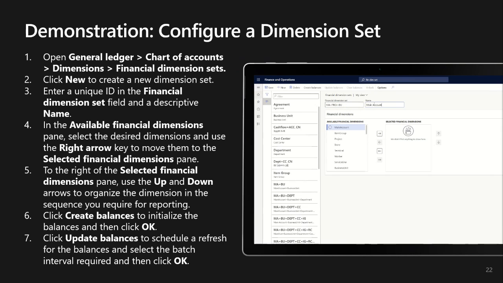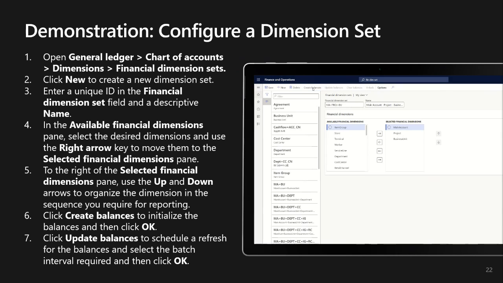The available financial dimensions on the left can be selected and inserted into the selected dimensions. And then because a dimension set is an ordered list, in the selected dimensions you can use the up and down arrows to order the financial dimensions how you want and make it a unique ordering.